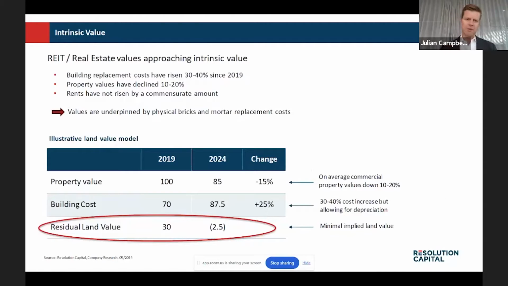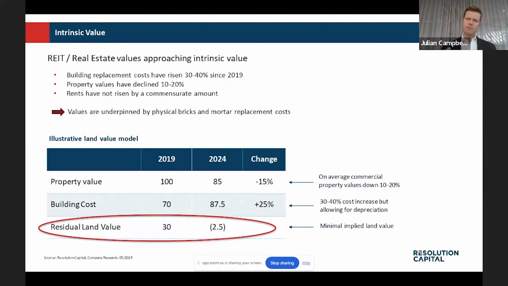What does that mean for value? You hear a lot about intrinsic value, and for real estate, there's really replacement cost, as we touched on. So the bricks and mortar value of the real estate. And we're at an interesting point here in real estate markets where replacement costs are up 30 to 40%, property values have declined 10 to 20%, and the rents haven't risen to a commensurate amount to make that development economic.